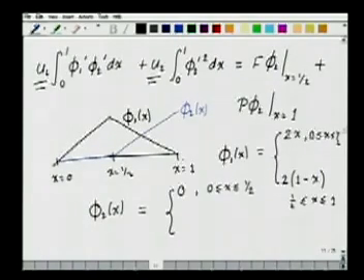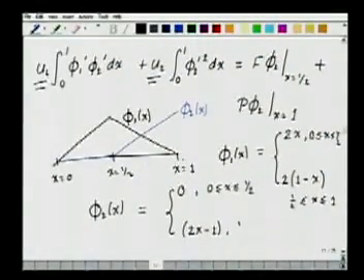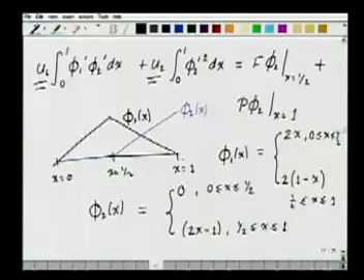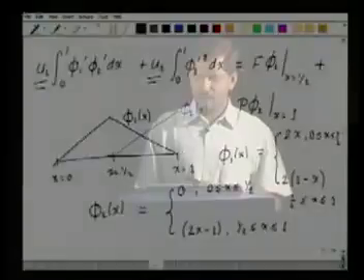So if I make it 2x minus 1 in the region half less than or equal to x less than or equal to 1, you see that at the point x equal to half this expression is 0, and at the point x equal to 1, this expression is 1. So this is our representation of phi 2 of x.